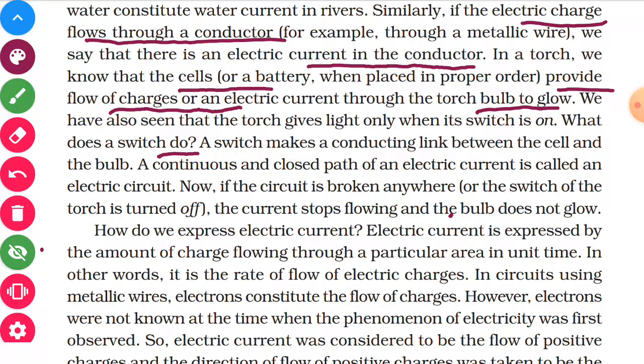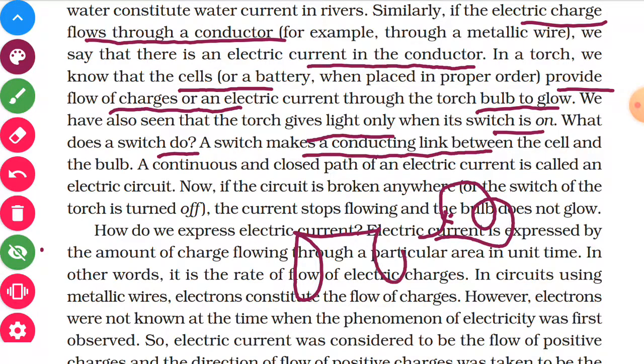Okay, we have also seen that the torch gives light only when the switch is on. What does a switch do? Okay, the switch makes a conducting link between the cell and the bulb. Now see, if you have this, say, bulb, okay, and you have, say, this is the cell. Now this is the positive terminal, as this part is called.